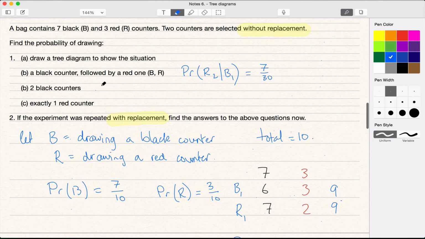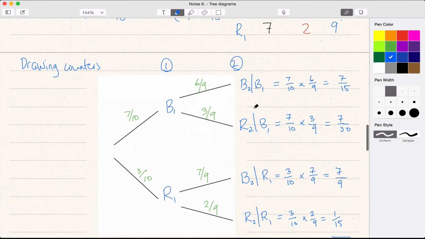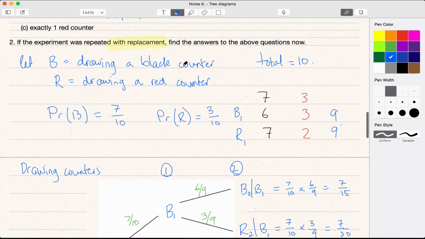Probability of getting 2 black counters. B2, because we always put the second event first, given B1. It's bananas in pyjamas. B2 given B1 is 7 out of 15.